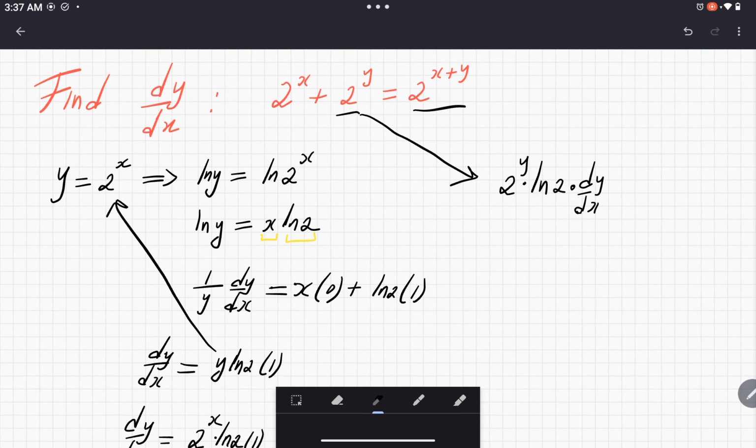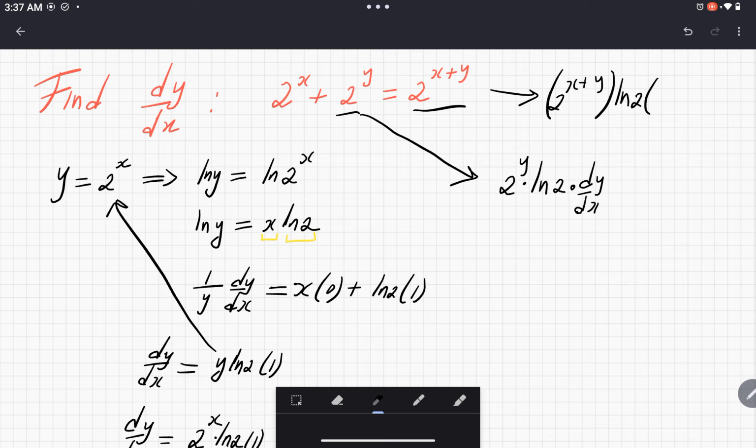Once we have this formula in mind, it becomes very easy to solve. Now we're going to apply the same thing for this, and it also becomes very easy because we simply have to multiply the same function with itself, right? We have something like this, then multiply with the ln of the base. The base in this case is 2, then the derivative of the power.